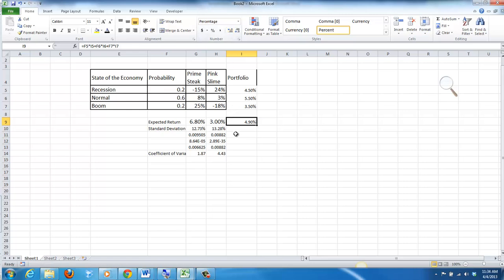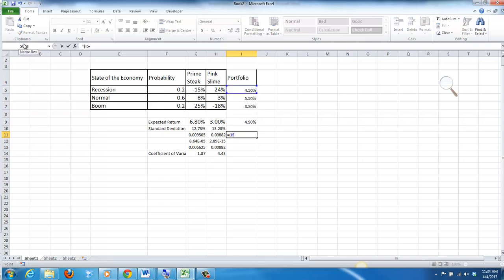We calculate the standard deviation the same way. I'll call this portfolio return, and that's going to be calculated as the return in the recession state of the economy minus the expected return, squared, multiplied by the probability of that return occurring.